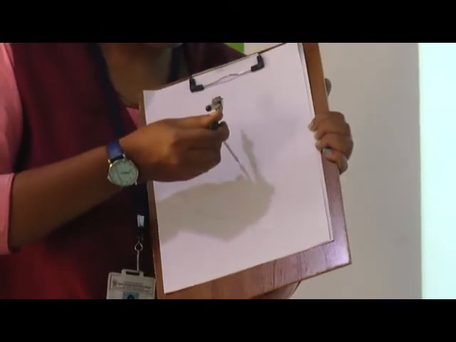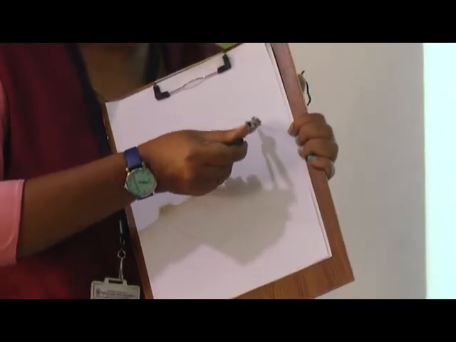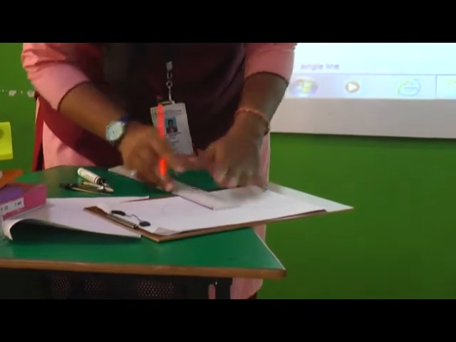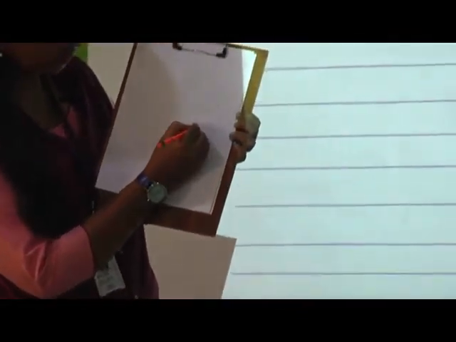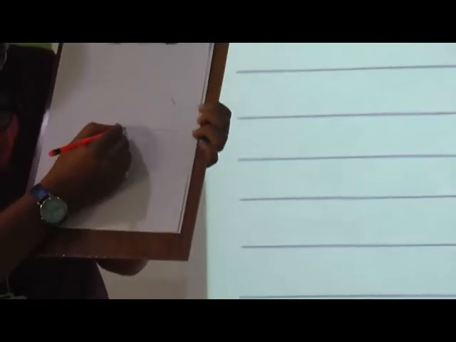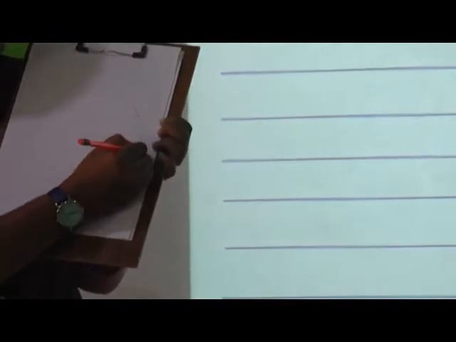Now I will draw a radius. This is what? Radius. How much have we taken? 3 centimeter, isn't it? So this is the center point O and I will give here A. OA is what? Radius. Now they asked what is the radius and diameter of this circle.